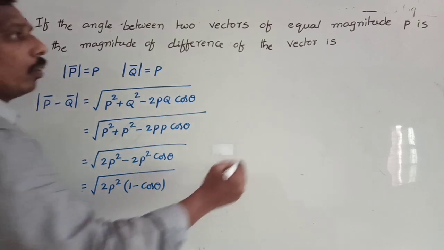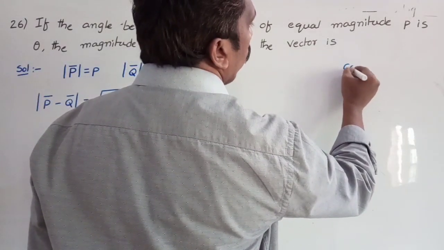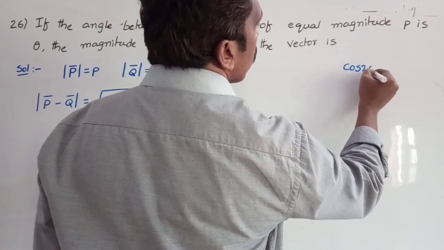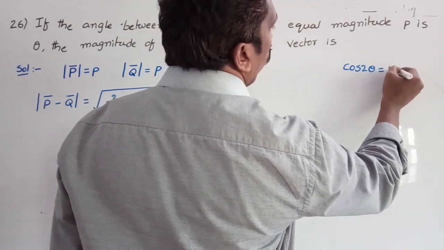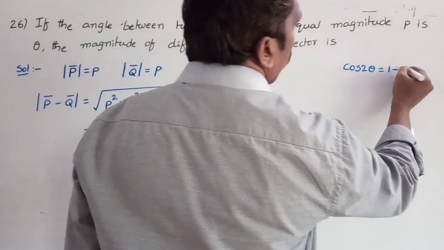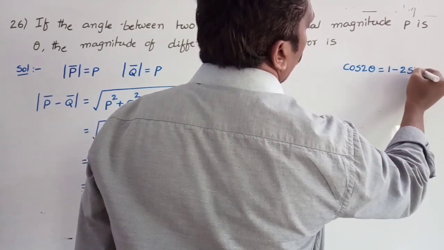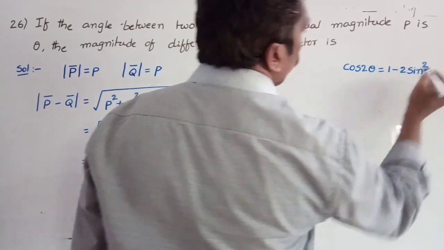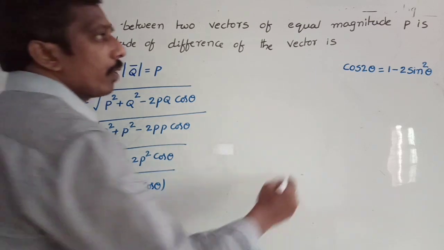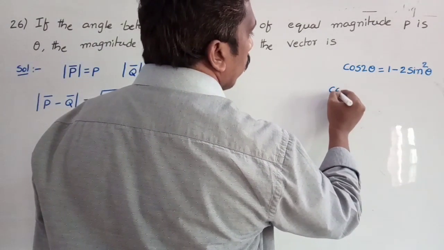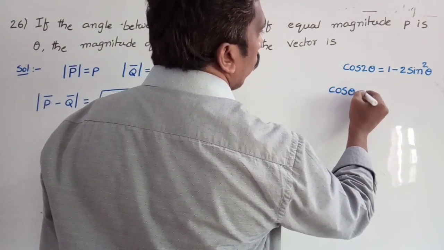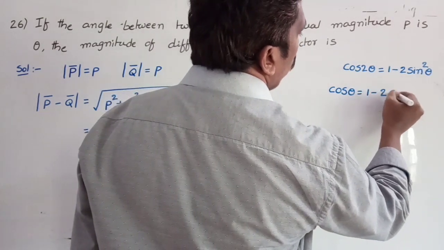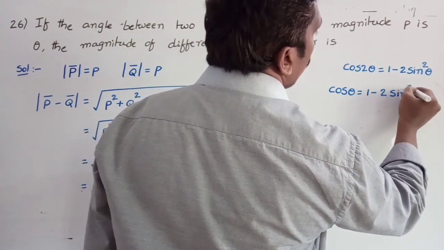But we know one formula: cos 2 theta is equal to 1 minus 2 sin square theta. From this we can write cos theta is equal to 1 minus 2 sin square theta by 2.